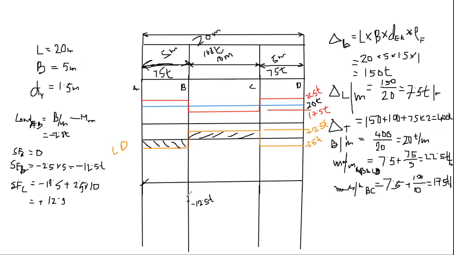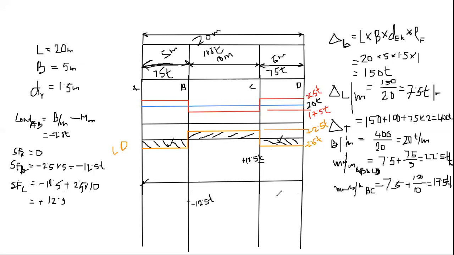If you plot this here, this is plus 12.5. And the sum of this total area, these two areas are the same. Once these two areas are the same, how much was this? Minus 12.5. Now here it is plus 12.5.